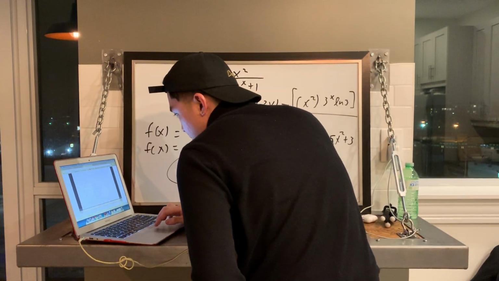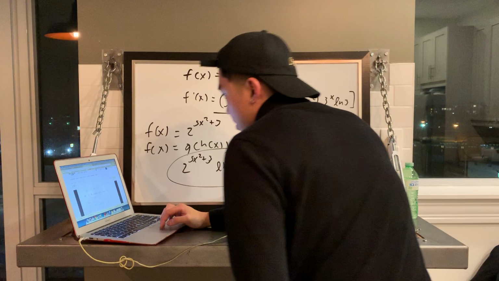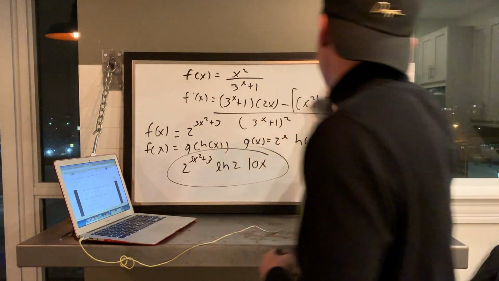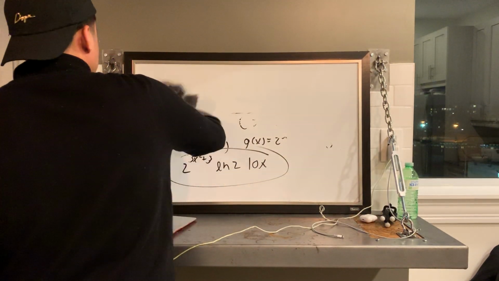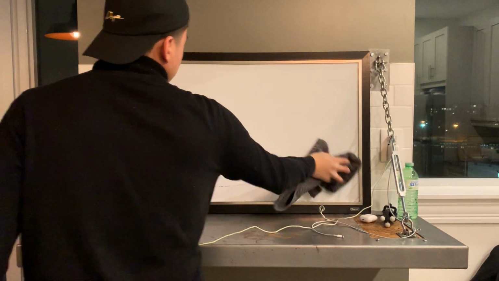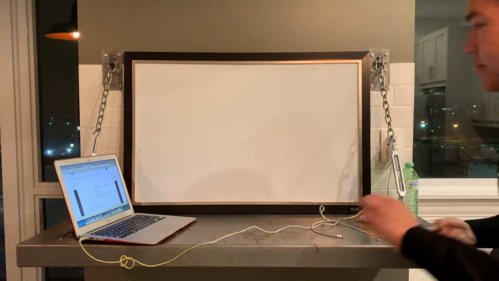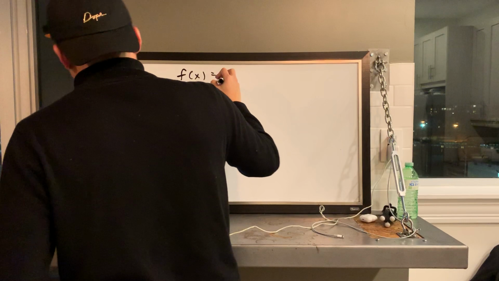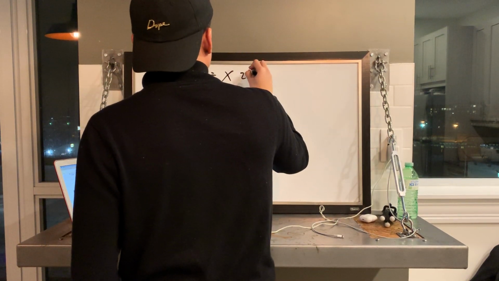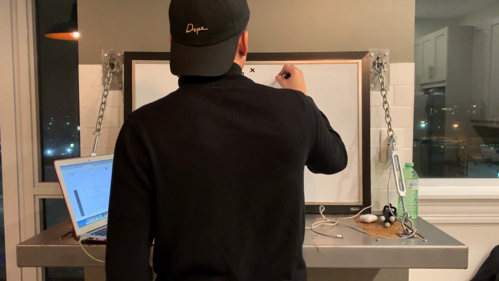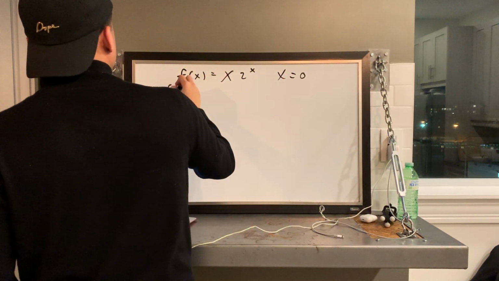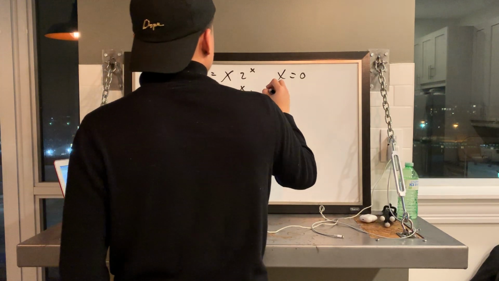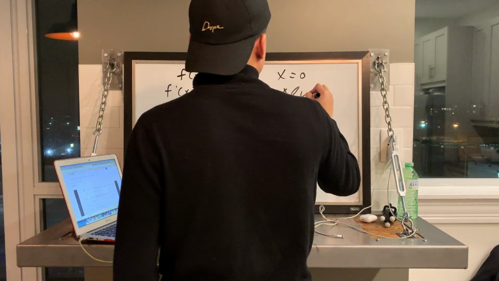Okay, let's do this last example for the road. Find the equation of the tangent line. So if I have f of x equal to x times 2 to the x, tangent line at x equals 0, then I go f prime of x equals 1 times 2 to the x plus x times 2 to the x ln 2.